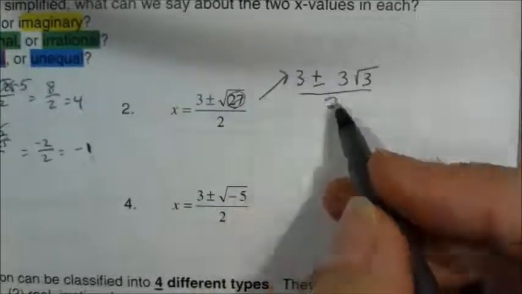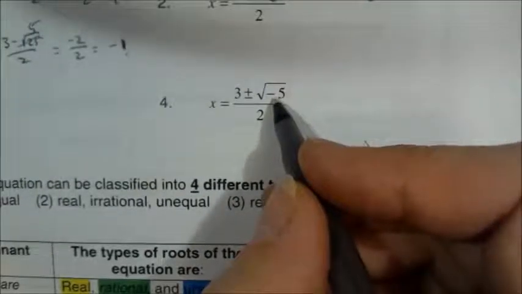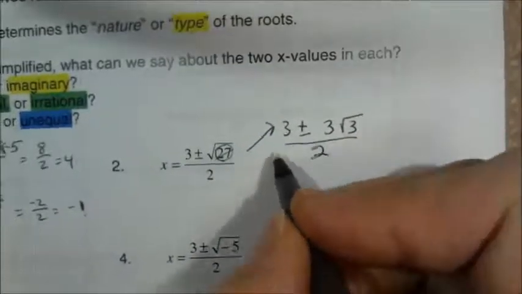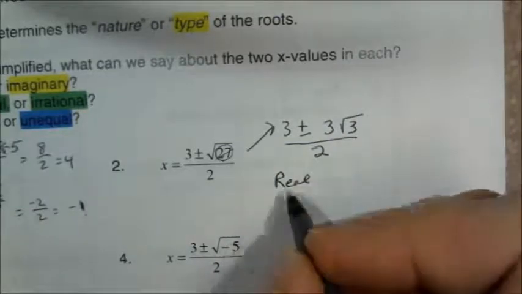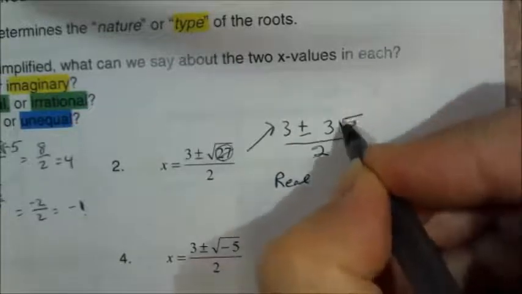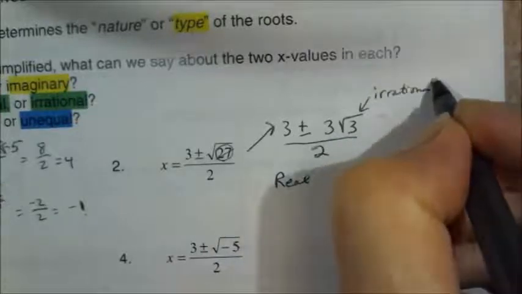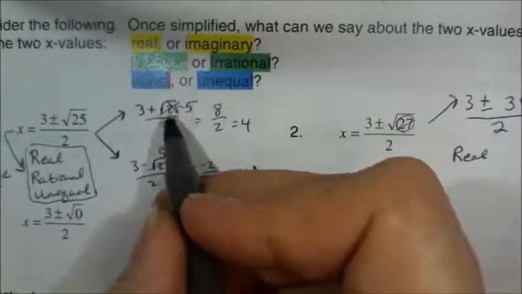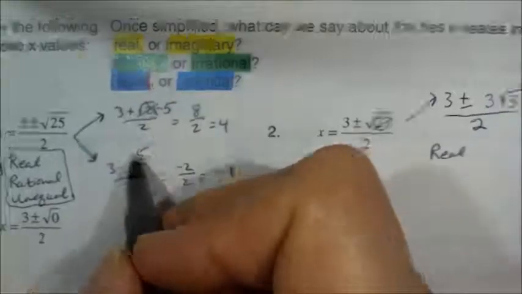Well, are these real numbers? Yes, they're real numbers unless you have a negative underneath the radical symbol. They're not imaginary. Are these rational? No, because this square root of 3 is an irrational number. It's not like the square root of 25, where we took the square root and got a 5 with no more radical.